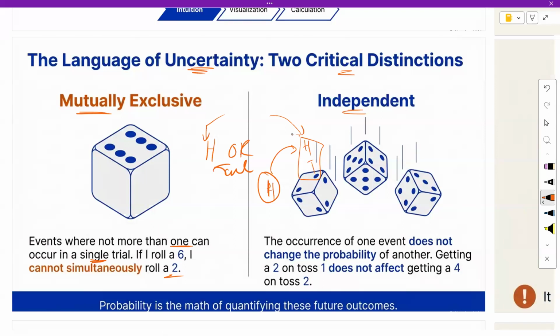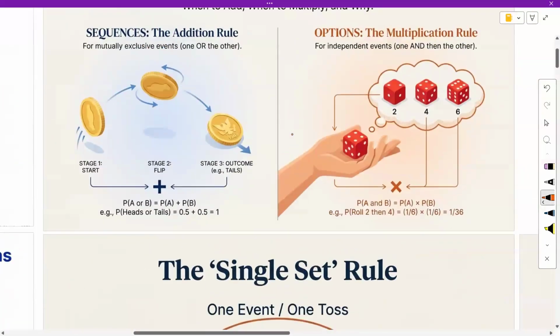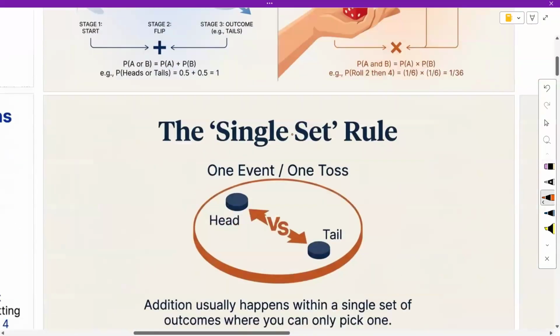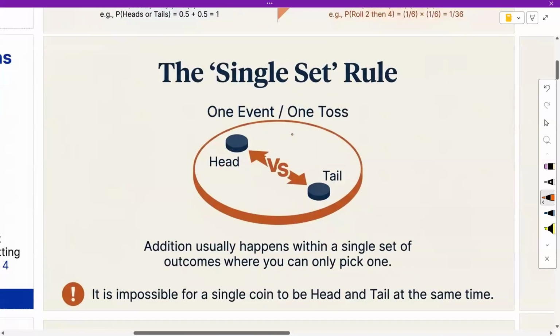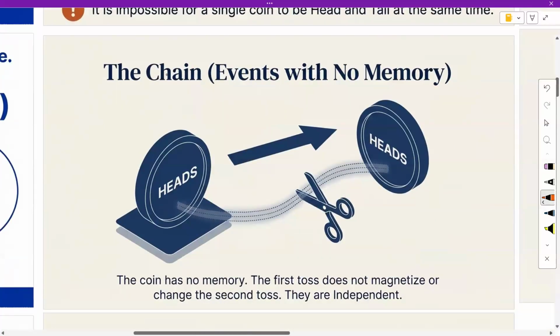It has no memory. Any event with no memory is called what? Independent event. A coin has no memory. The first toss does not change the second toss.